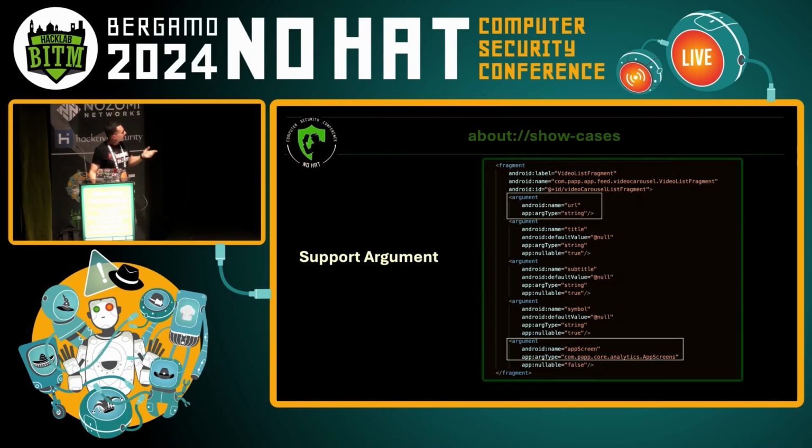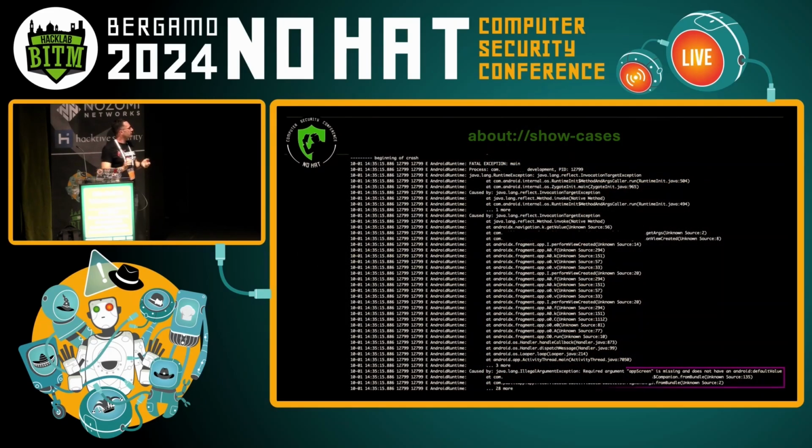Now, take a look here. The last one isn't supposed to be nullable, which means if we try to trigger the specific fragment, exploiting this Jetpack issue, and we try to send only a specific URL, then we're going to have the following error. This will fail due to the fact that an argument which was required is not there, right?